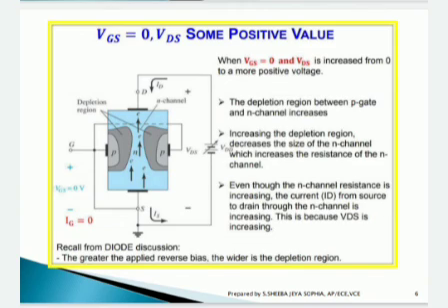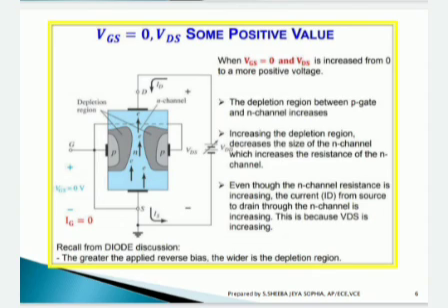Moving to the operation concept of JFET, we take two considerations. One is gate to source voltage VGS equal to 0 volt, and the second one is VGS less than 0 volt. So when VGS is equal to 0 volt, VDS, that is drain to source voltage, is a positive value. At VGS equal to 0 volt, VDS is increased from 0 to a more positive voltage.